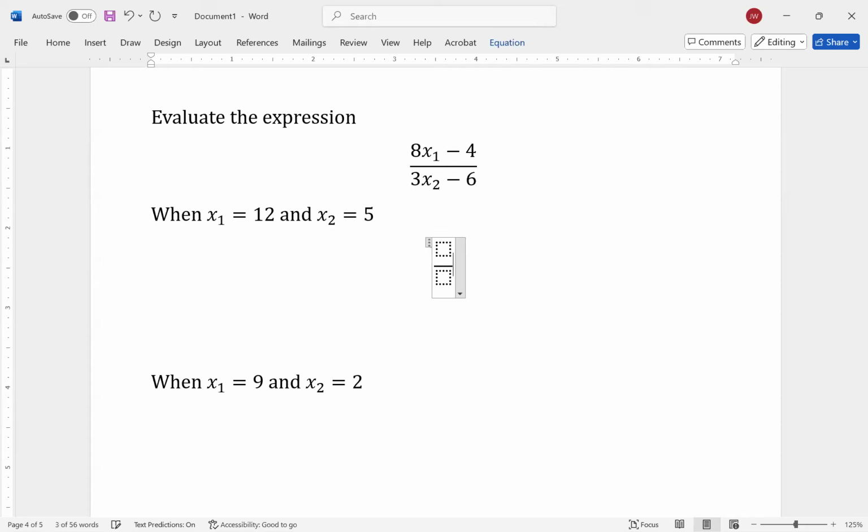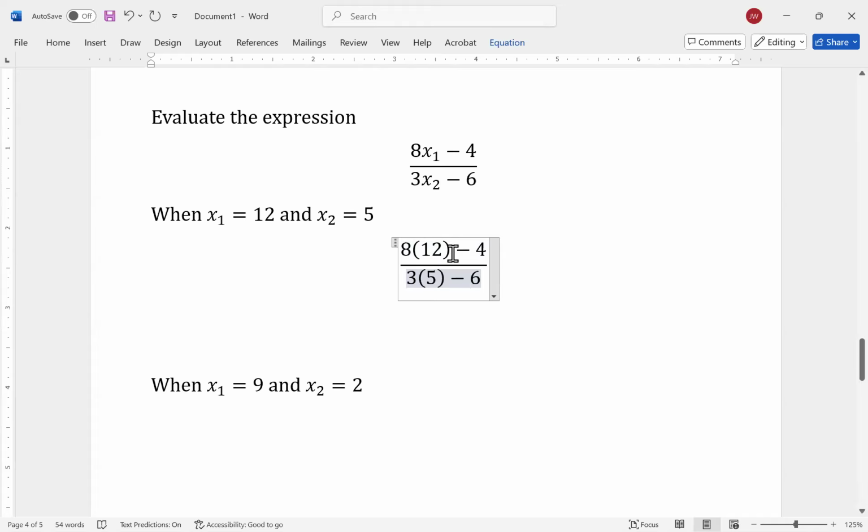All right, in this first case, what we would do is take 8 times 12 minus 4, and that's in the numerator. And in the denominator, it's 3 times 5 minus 6. Now, this separation between numerator and denominator is division. Whenever we have fractions, we have division. But it's written in such a way that it's actually in the same order of operation category as a parentheses.